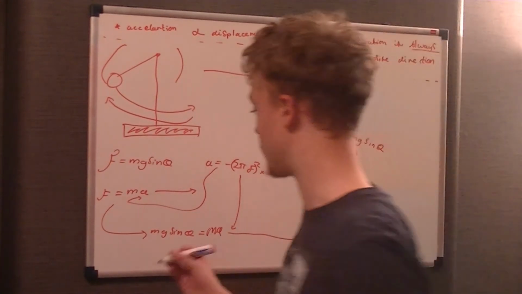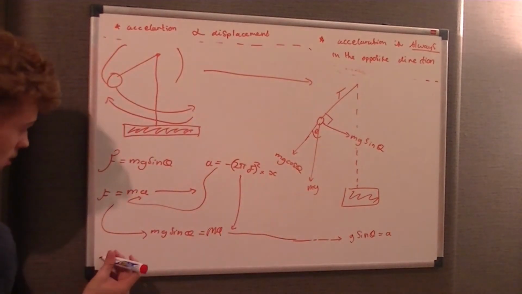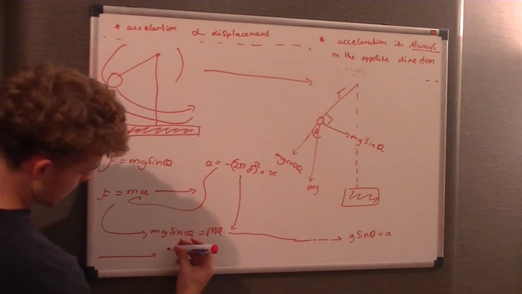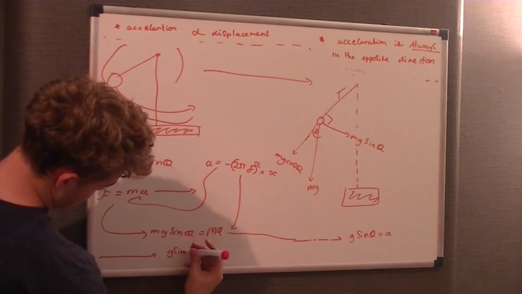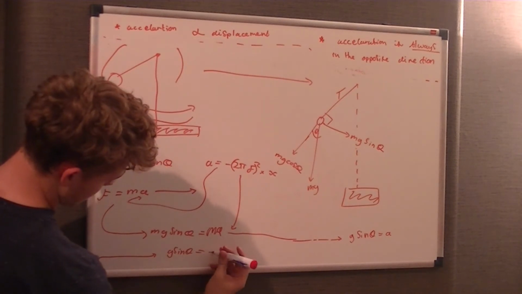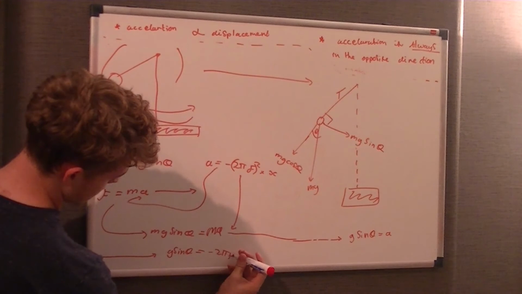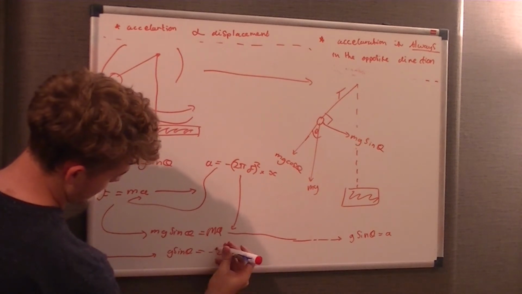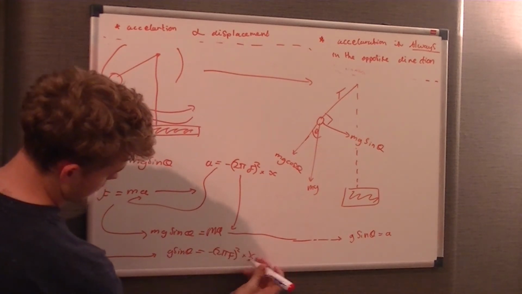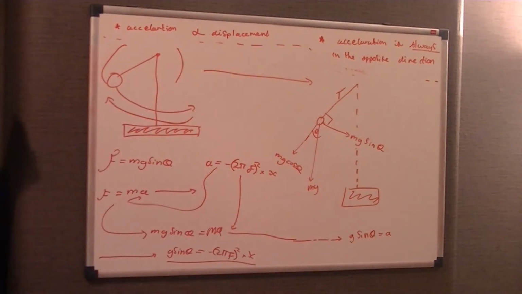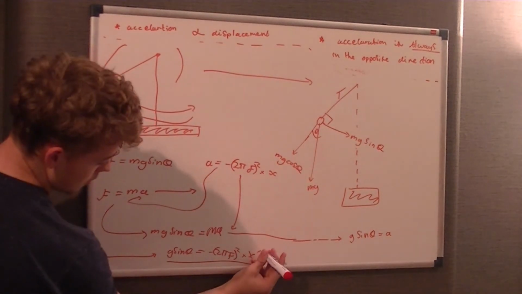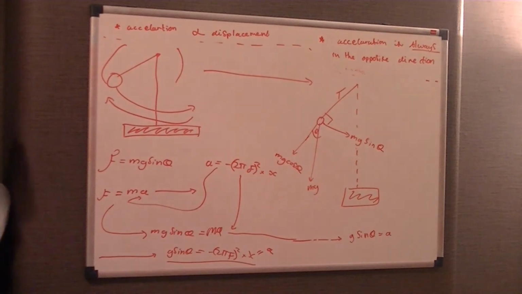And then now we can put in our a value of minus 2 pi frequency squared. So g sin theta equals minus 2 pi frequency squared, or a, whichever, times x. That equals a as well, for those of you that got a bit confused there.